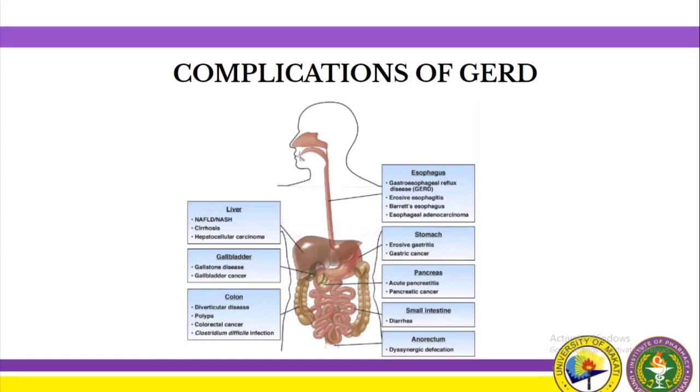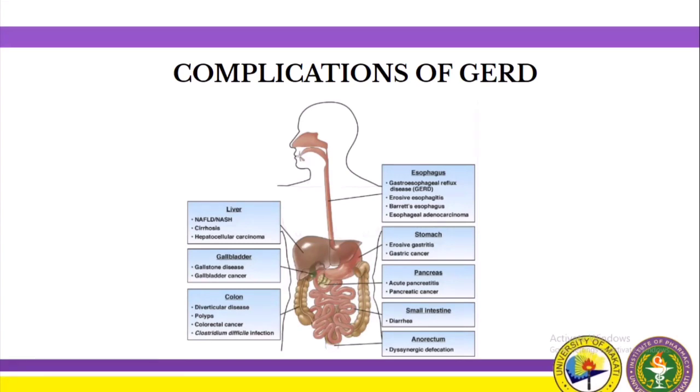adenocarcinoma. Erosive esophagitis is inflammation of the tissue in the esophagus, wherein the stomach acid can break down the tissue in the esophagus, causing inflammation, bleeding, and sometimes an open sore or ulcer. And this esophagitis can cause pain and make swallowing difficult.